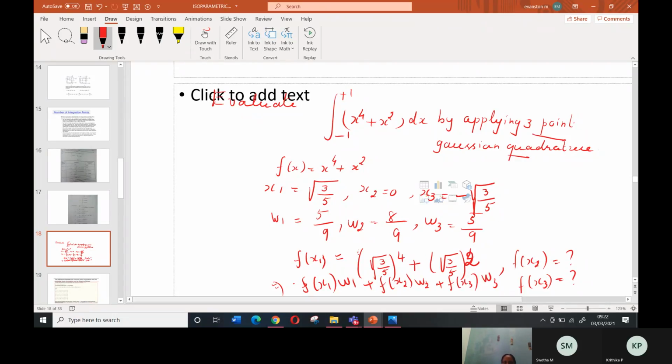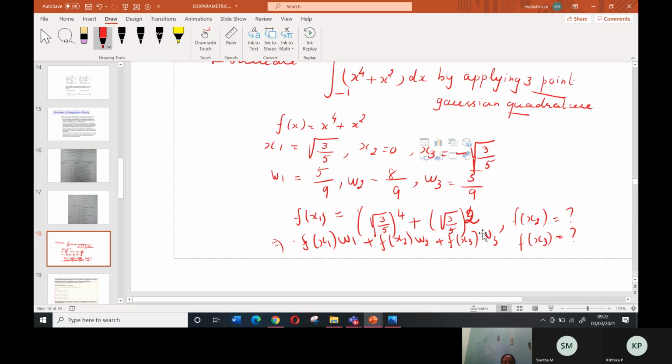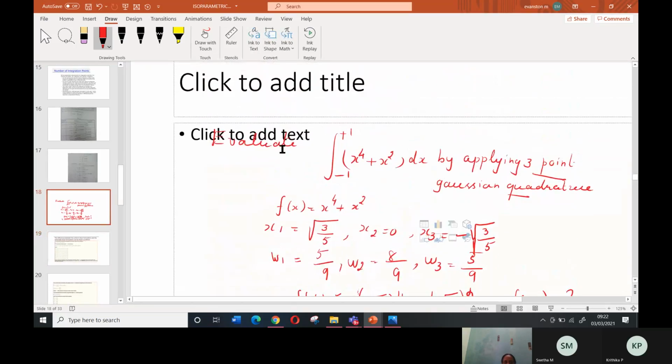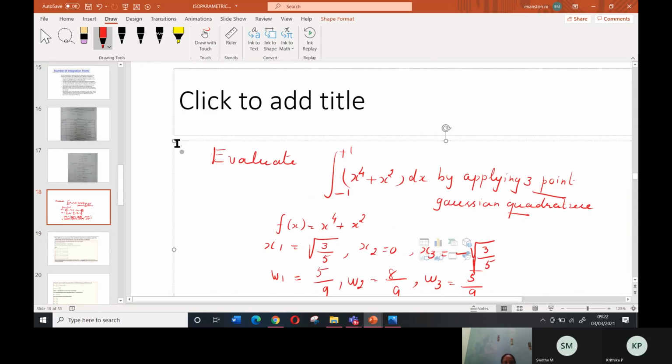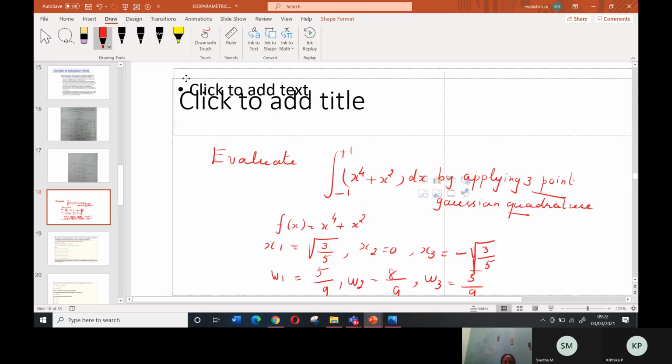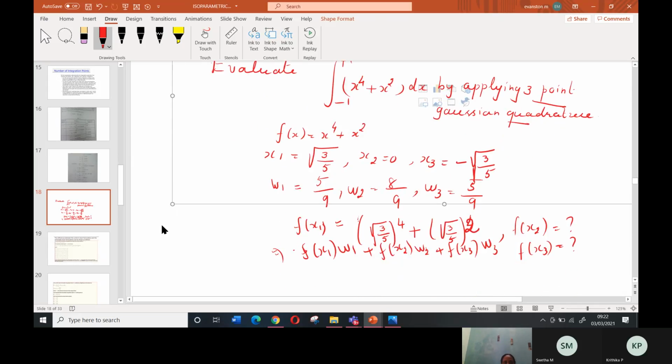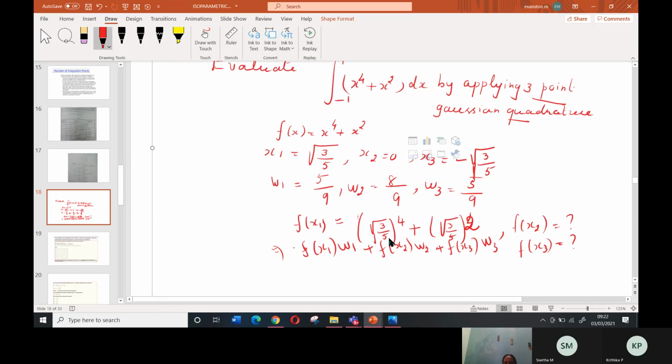When you substitute this and find the final answer, you will get 1.066. That's the answer by numerical integration.